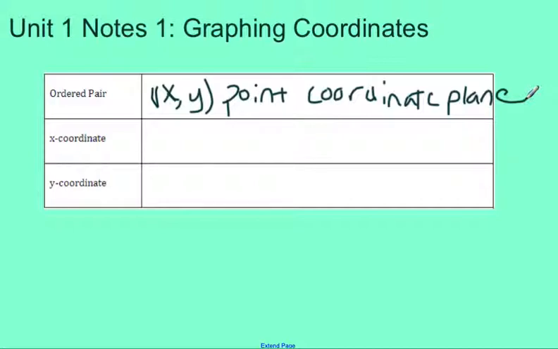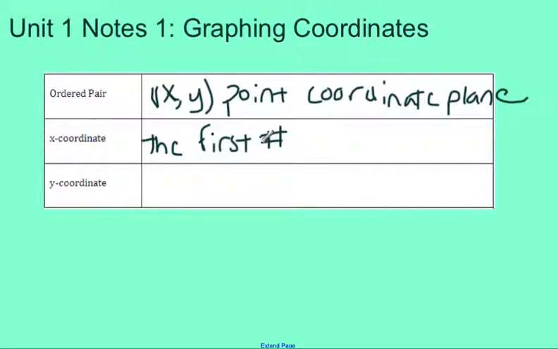What I want you to notice about this first and foremost is that x comes first. Where it crosses the x-axis is going to be your x point, in the first spot. Where it's going to be on the y is going to be in the second spot. So x, then y. The x-coordinate, just to make that really clear, is the first number.